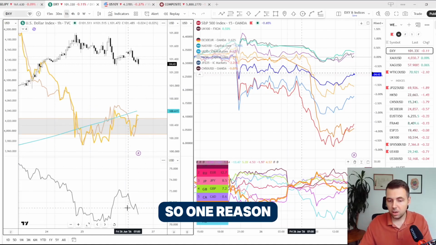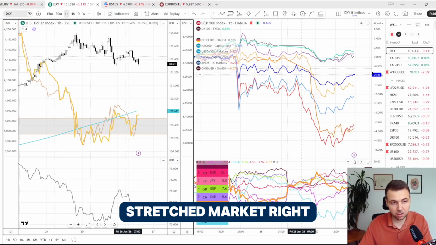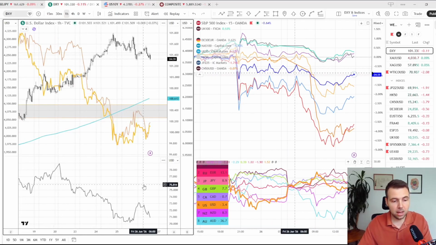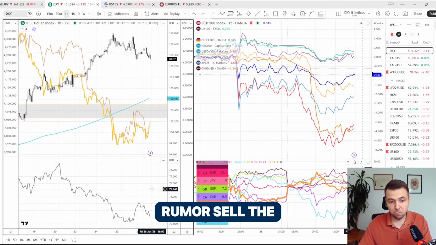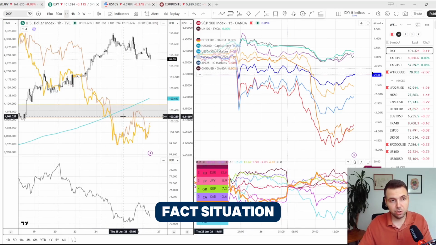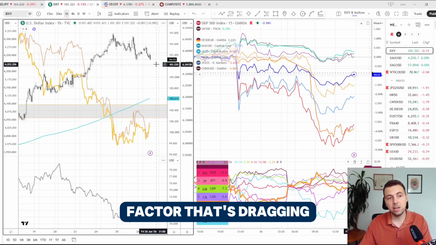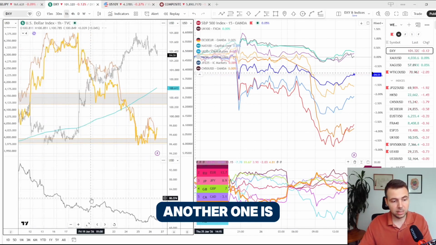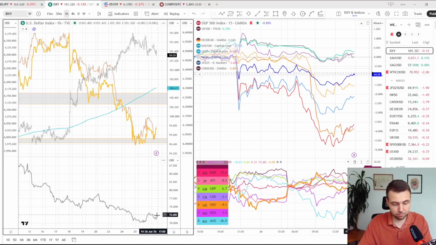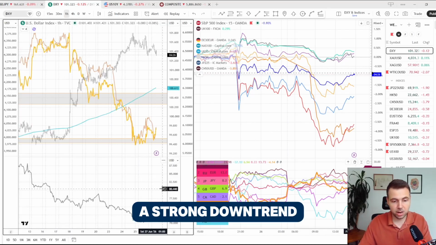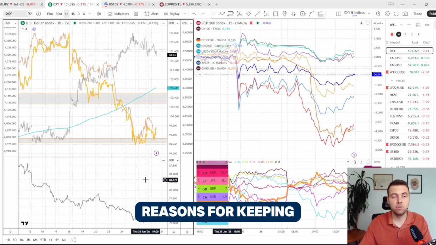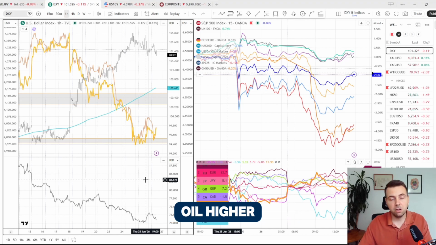So one reason for that is a stretched market, right? Buy the rumor, sell the fact situation. This is one factor that's dragging the dollar down. Another one is that oil has been in a strong downtrend because the fundamental reasons for keeping oil higher are dissipating.